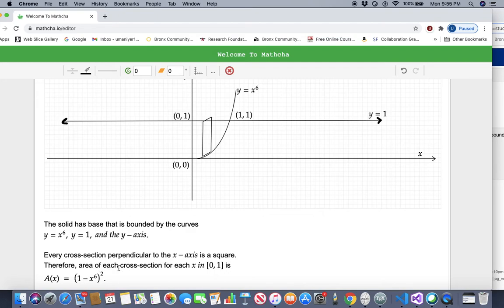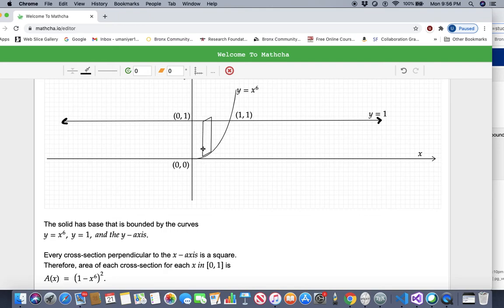Therefore, area of each cross-section. So what is the area of a square? It is side times side. So this may look like a rectangle, but look, we are looking at it from the top. So this is actually a square. So what is that distance?